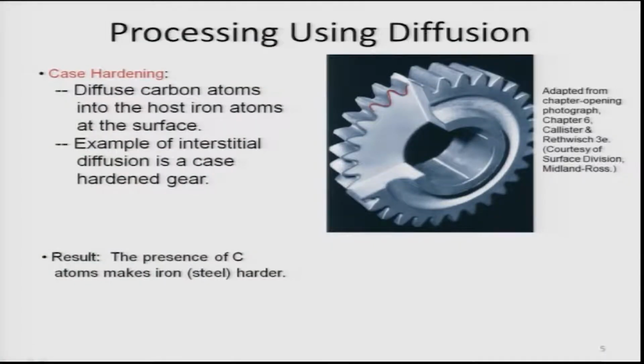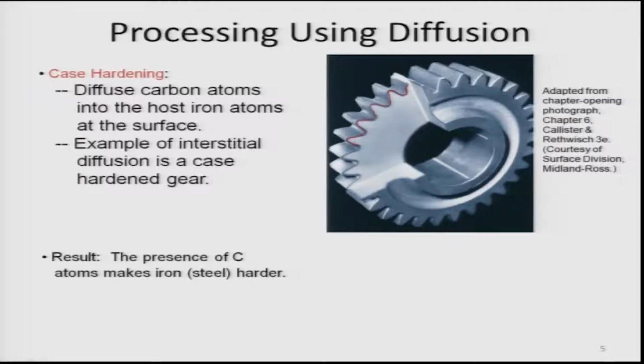This layer is formed because of carbon diffusion from the surface to the inside, and because of this diffusion of carbon, some hard phases will form. For that you need to know a little bit of steel metallurgy, which will be taught later, and these hard phases will protect the teeth to withstand the severe atmosphere of wear and tear, or even a corrosive atmosphere. So, obviously carbon here is an interstitial element.